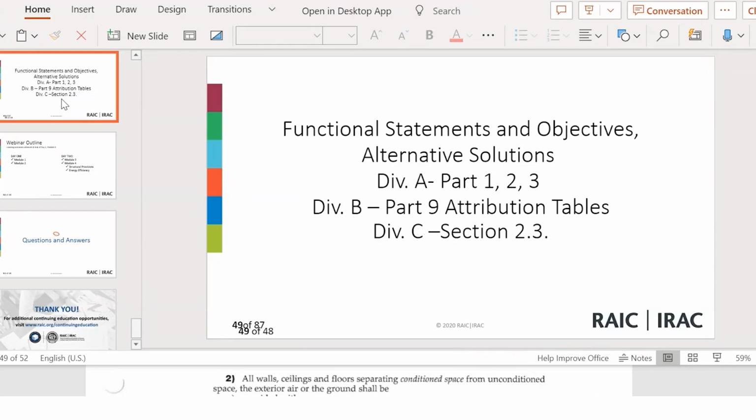If you were in the functional statements in Volume 1, that's in Part 3, functional statements, and Division A. Sorry about that, I said Part 1, but it's Part 3, Division A. And you look at the definition of the functional statements.